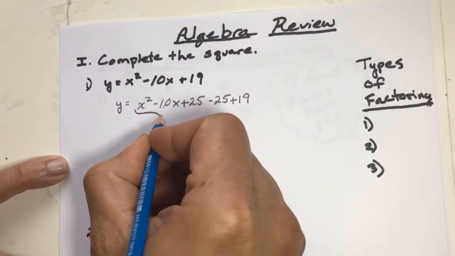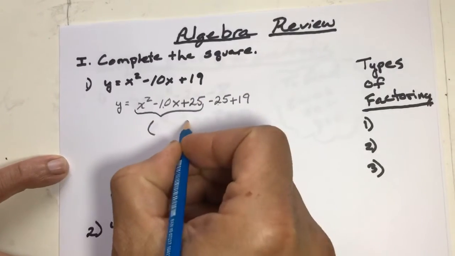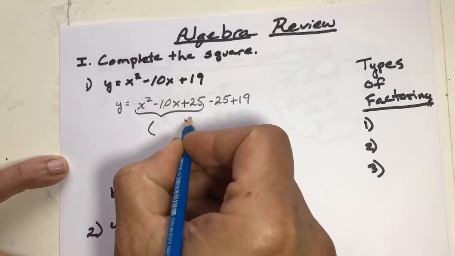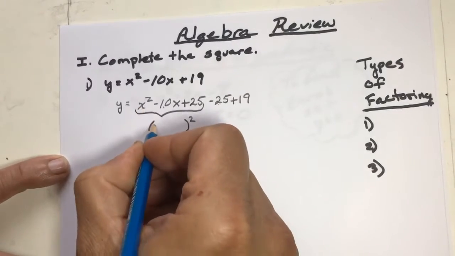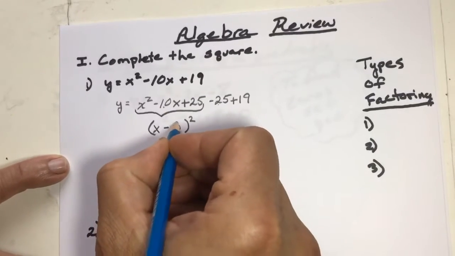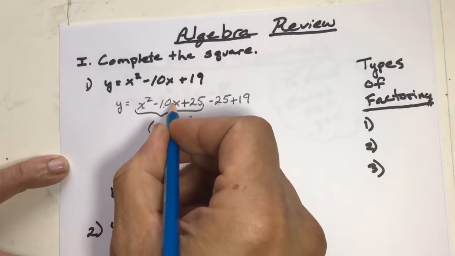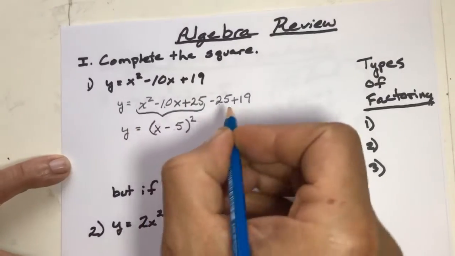Now essentially we've done nothing to this equation because these two add up to 0. But these three are important to us because they are a perfect square, which means you can make one set of parentheses and say it's going to be just x. You keep the minus sign and half of that is 5, so that it represents this, and you copy everything else down.